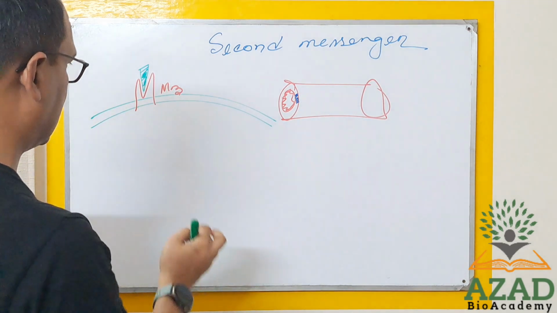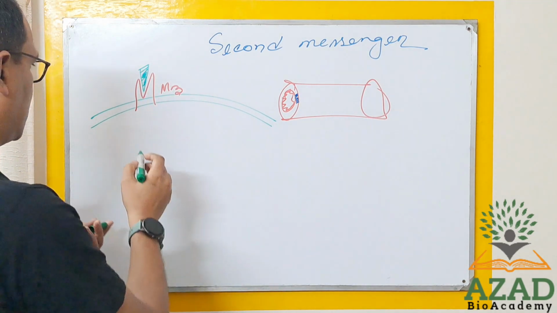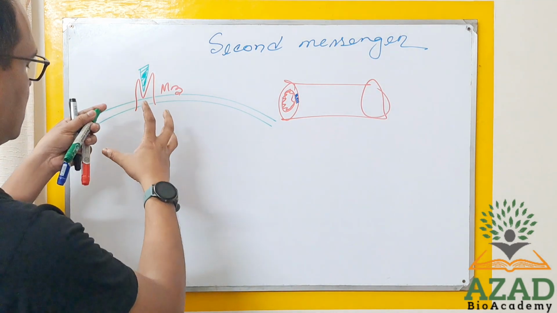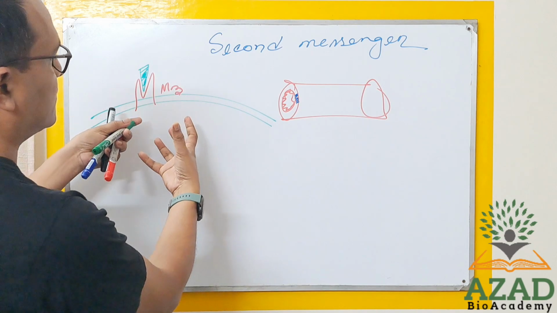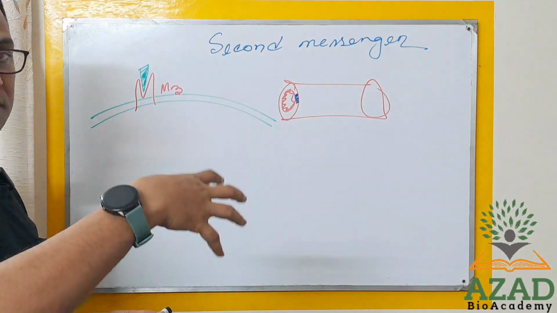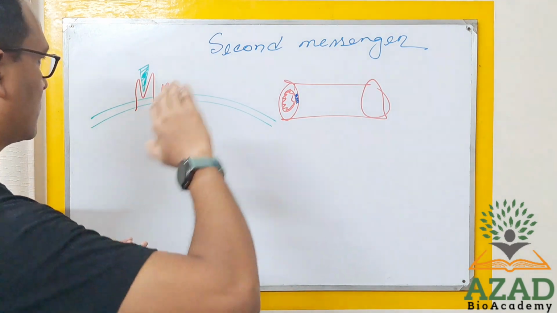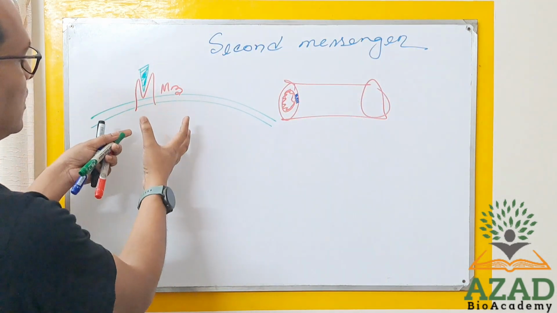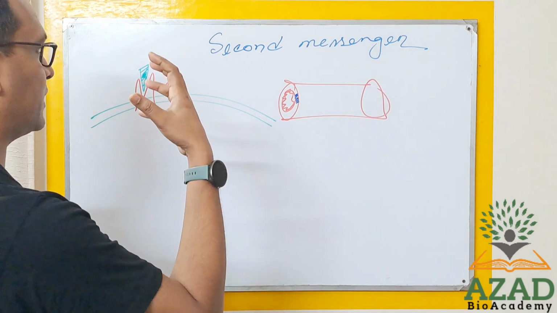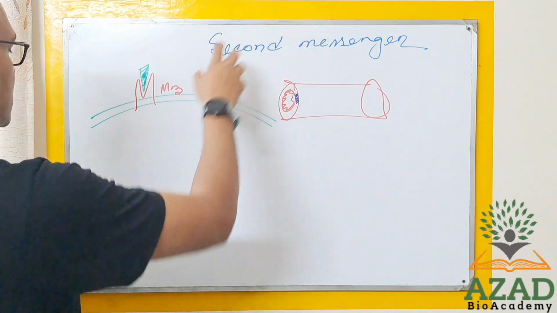I will not give you details of the M3 receptor, because another video on how acetylcholine causes vasodilation is already present on my channel, so you can go for it. Here I will try to make you understand the second messenger.